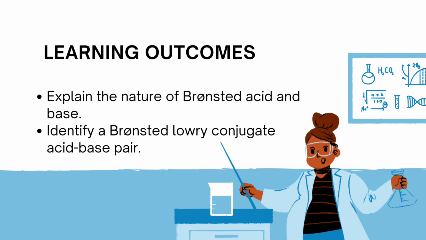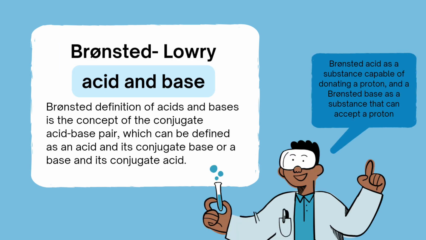So what is Brønsted Lowry acid-base theory, which we have already done? We are just bringing back the idea and moving ahead with that. We know that the Brønsted Lowry acid is capable of donating a proton, and the base is capable of accepting protons. The idea behind the acid-base pair is that an acid should have its conjugate base, and a base should have its conjugate acid.